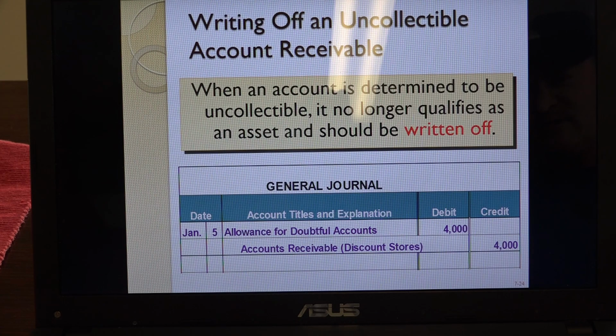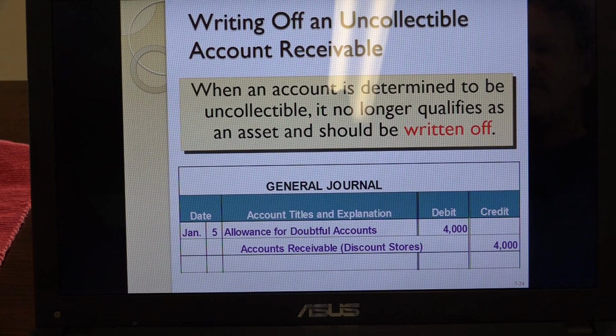So after this journal entry, you're going to have $6,000 in your allowance for doubtful accounts account. And of course, you're going to reduce the accounts receivable account, here discount stores, by $4,000. And so that gets it off your receivables.